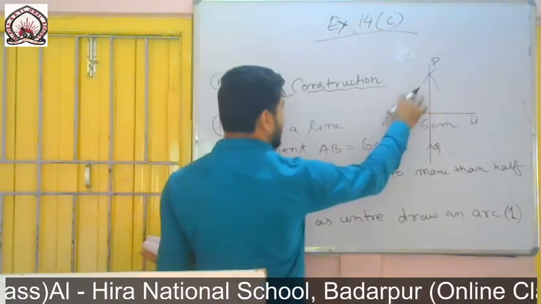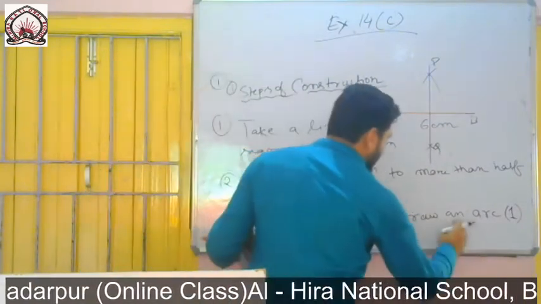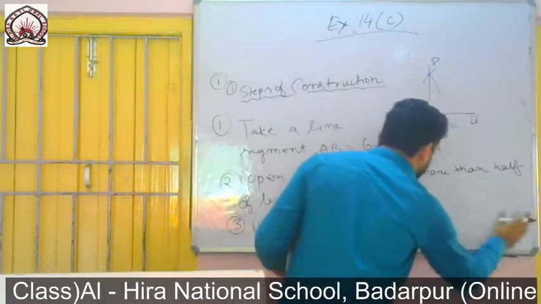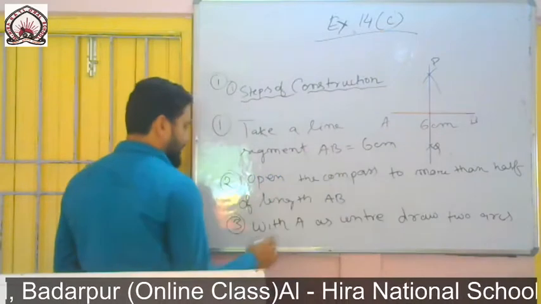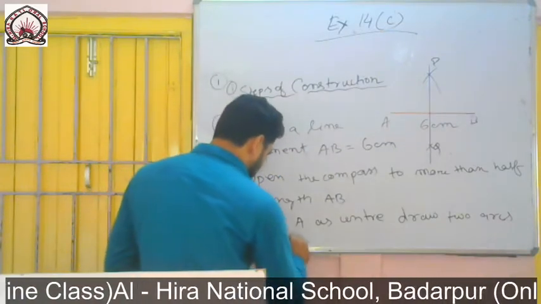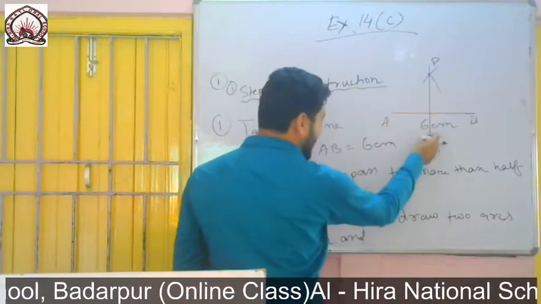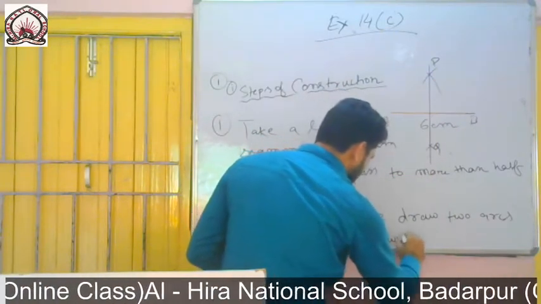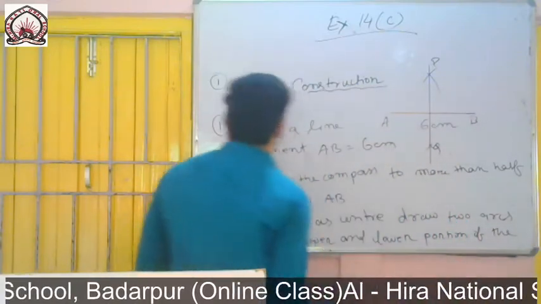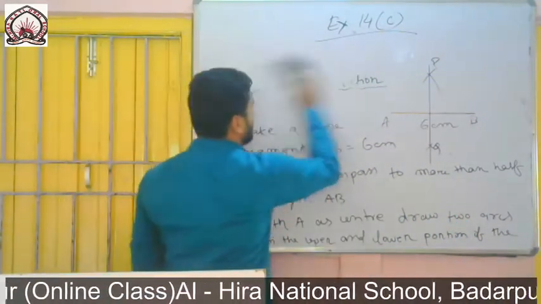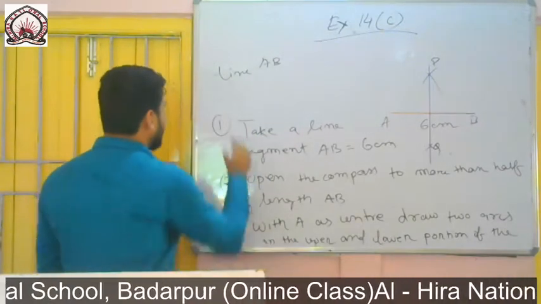That means first by placing the compass needle here, draw one arc here and one arc here. So you write, draw 2 arcs on the upper and lower portion of the line AB.